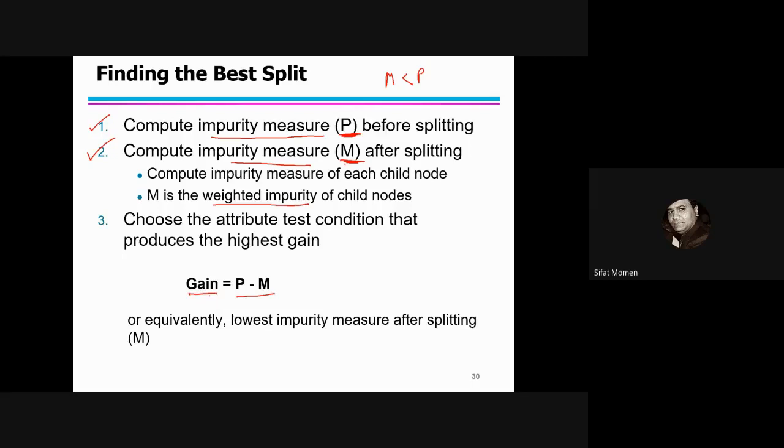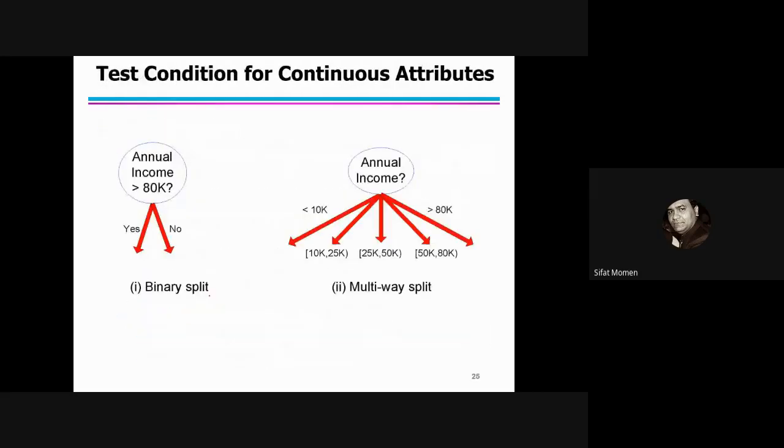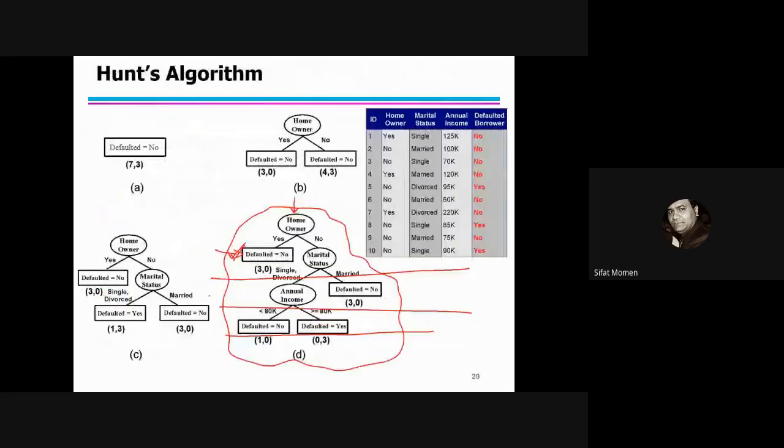So what we do is you can actually split it using different attributes. For example, if you look here, you could have split it using the homeowner attribute. You could split it using marital status. You could split using this one. Now, for the attribute where this difference is larger and the gain is higher, that is, if the gain, P minus M, is very high, that's the attribute that we will select.